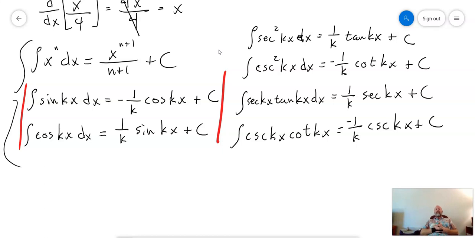And again, you can verify all of these by taking the derivative of the right-hand side and finding out that you get the left-hand side.